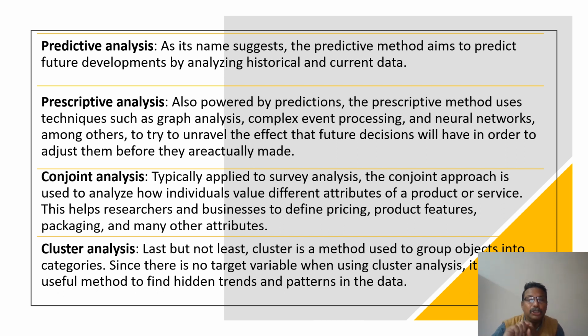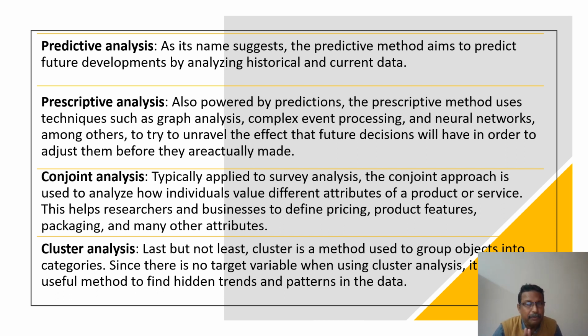Then there is something called conjoint analysis, typically applied to survey analysis. The conjoint approach is to analyze how individuals value individual parameters in a different fashion. So, be it focus, services, the brand of a company, the quality of the product, the price, the availability, or the service of the product, in conjoint analysis every respondent will have different weightages.